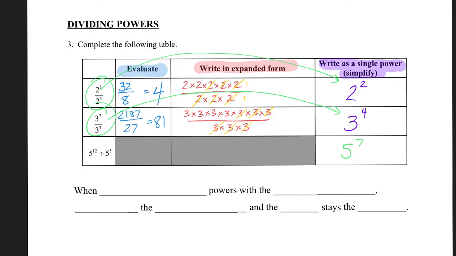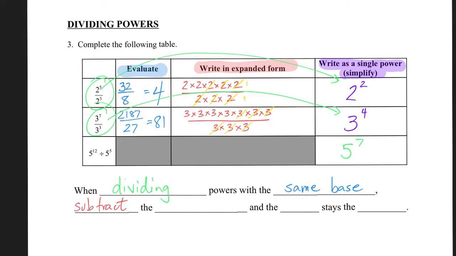We were dividing. So we were dividing powers. And we already know that the whole key to this is powers with the same base. Well, what did we do to the exponent when we did that? We found out that we subtract the exponents.